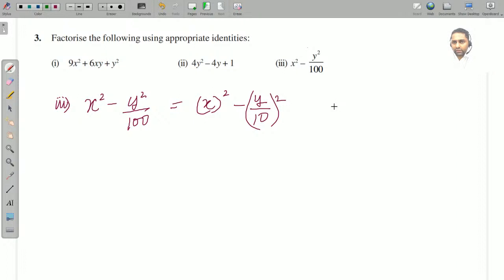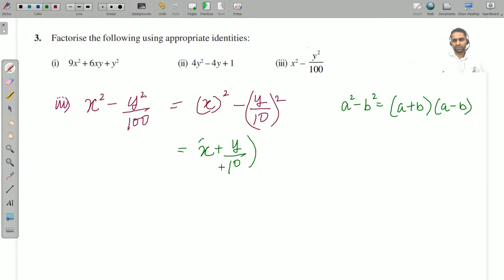Now here you can apply the formula, like you can write a square minus b square equals a plus b times a minus b. So therefore it is equal to x minus y upon 10 times x plus y upon 10. Okay, that's it.